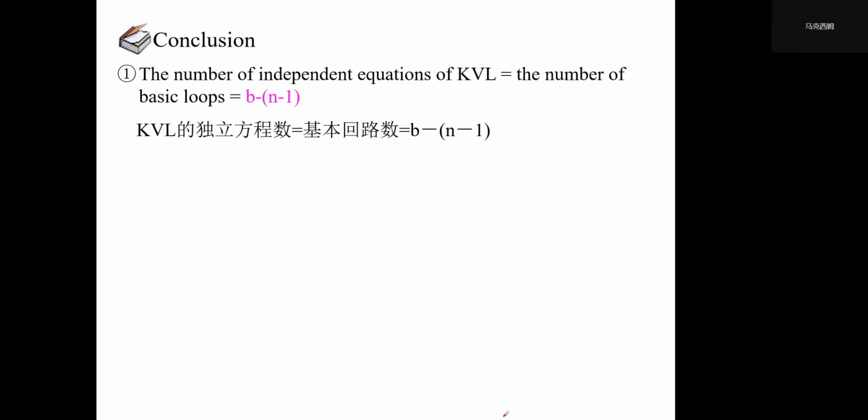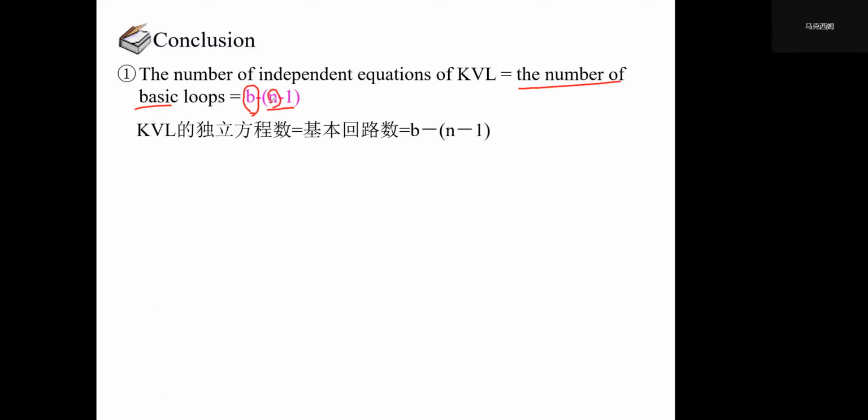So let's have this conclusion. The independent number of the KVL equations equals the number of the basic loops, and the number of the basic loops equals b minus n minus 1. B is the total number of the branches.